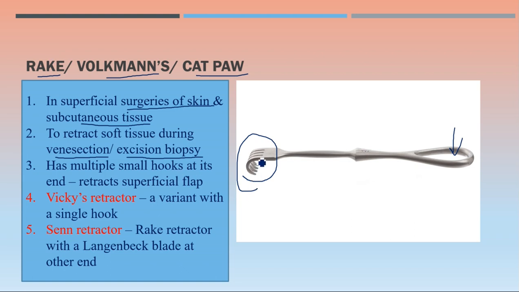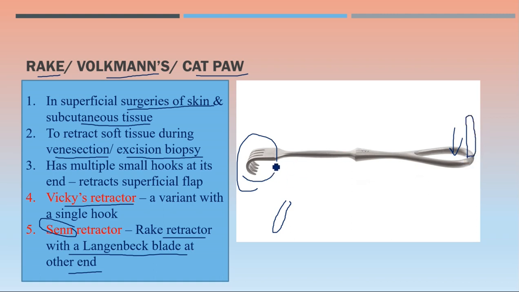If it is having multiple hooks, it is known as cat's paw or Volkmann's or Rake non-self-retaining retractor. If it is having a single hook, it will become Vicky's retractor, right? And whenever a Rake retractor has a Langenbeck blade at the other end, this will become Sen retractor. Suppose this is a Rake retractor and we are going to put a blade here like Langenbeck.